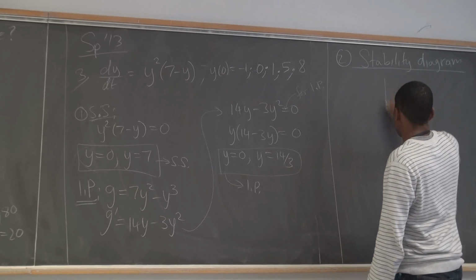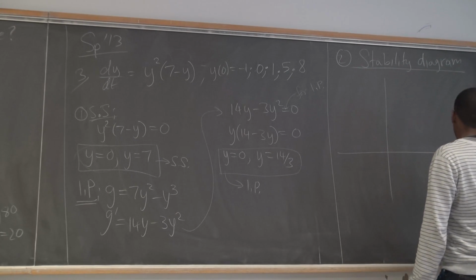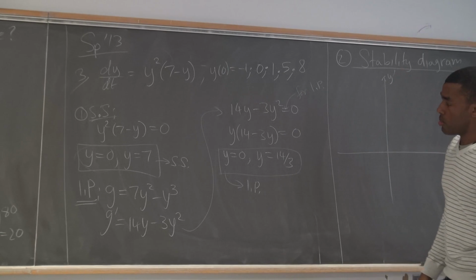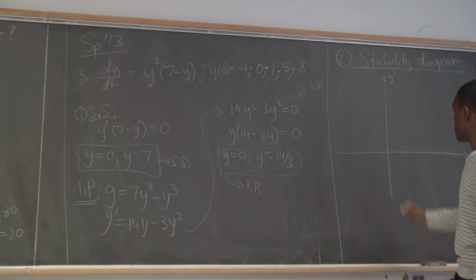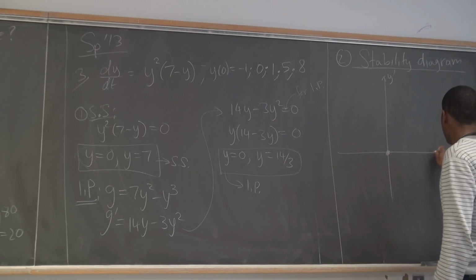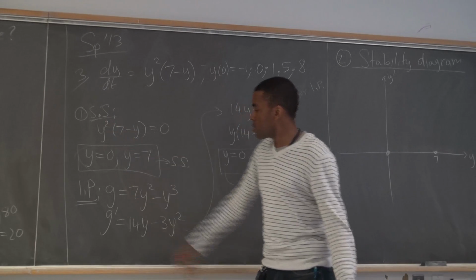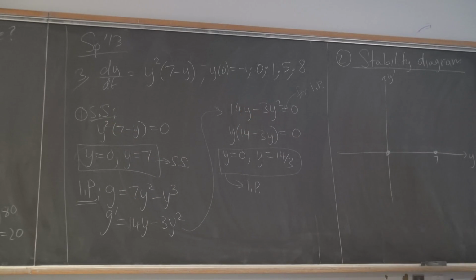So we are going to graph y versus y prime. And we see this is a cubic. We have two steady states, 0 and 7. The 0 one is squared, it's multiplicity 2, so you know it looks like a y squared at that point. But you can test values.